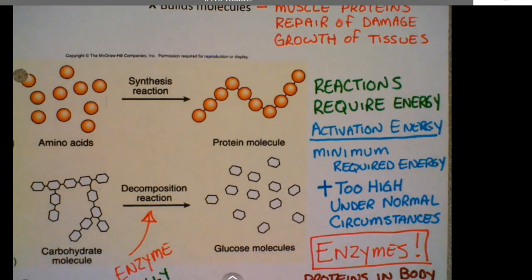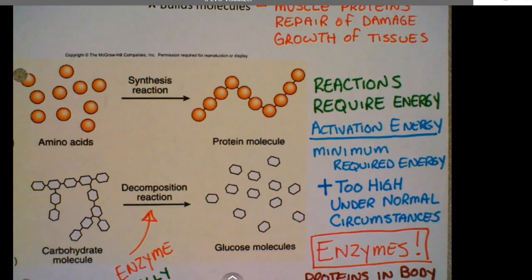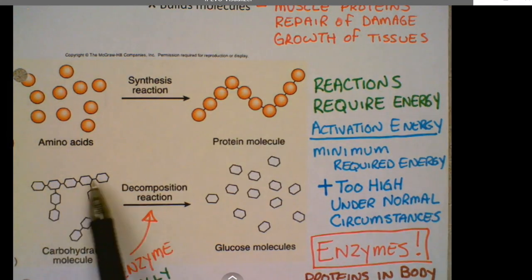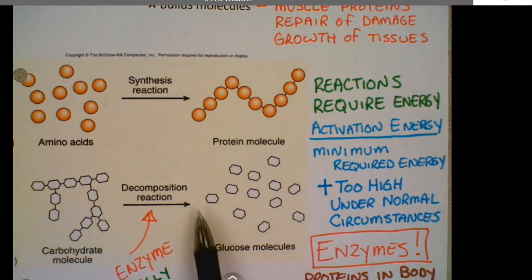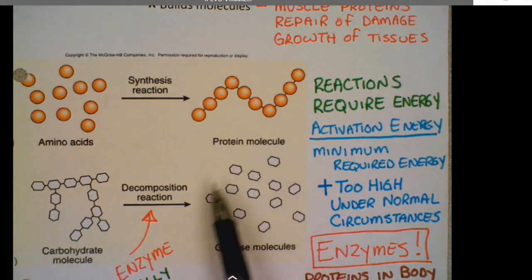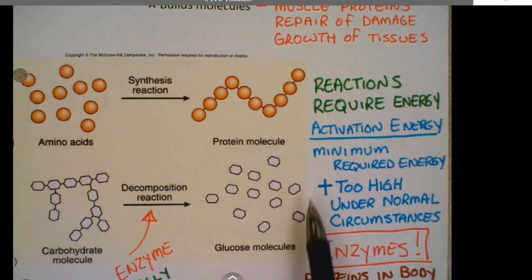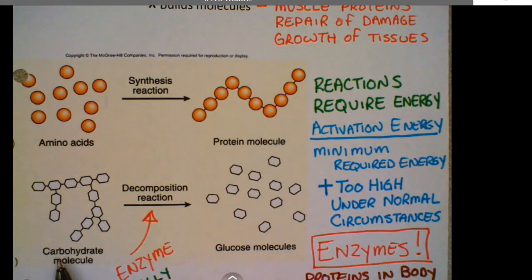The example underneath it is going to be a catabolic reaction, where we have this long carbohydrate chain, and we're going to break it apart into separate carbohydrate pieces. And so we can take that carbohydrate and we can break it down into glucose.